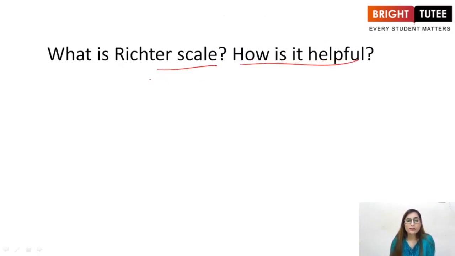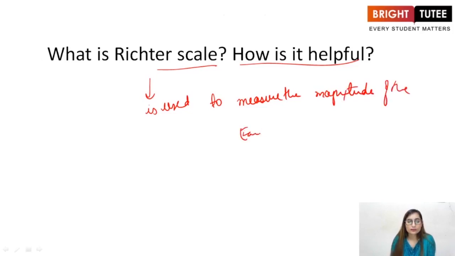How is it helpful? Richter scale is used to measure the magnitude of the earthquake. Right? We can measure the magnitude of an earthquake with the help of Richter scale. If the magnitude is greater than 7, then the earthquake is highly destructive.